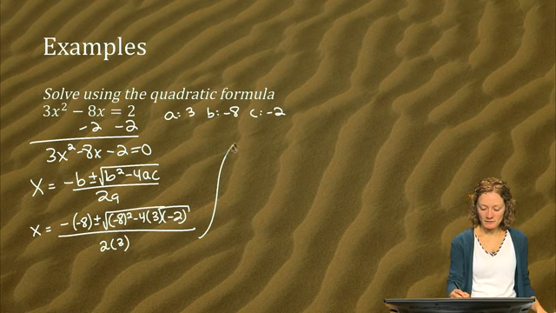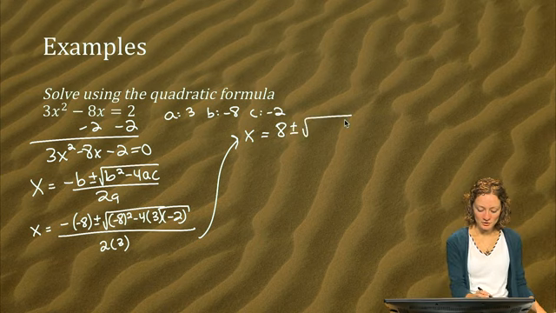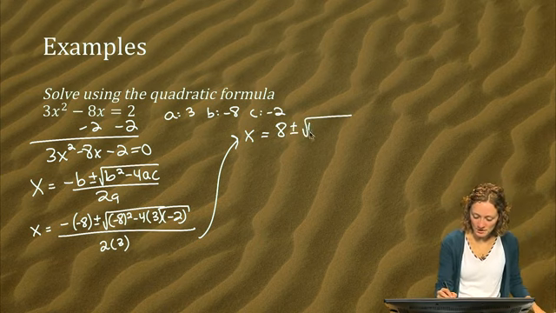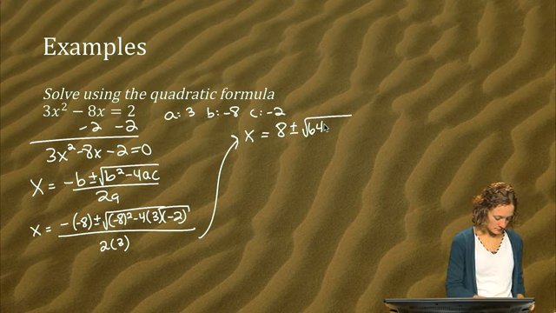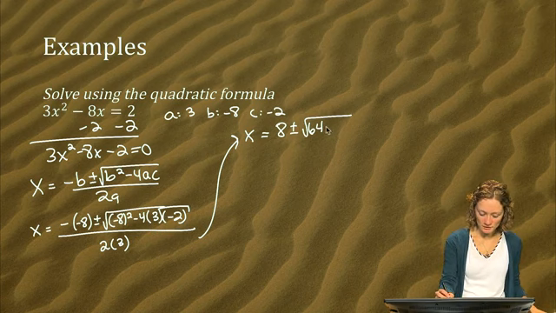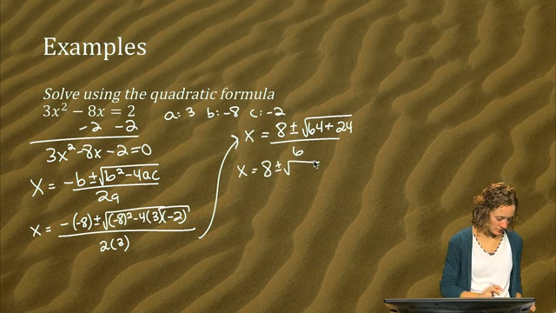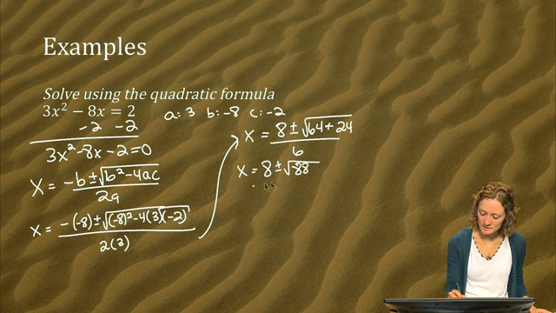Continue simplifying from here. Minus negative ultimately gives us positive. Underneath, we have 64. Negative 4 times 3 times negative 2 gives us plus 24, all over 6. 64 plus 24 gives us 88.